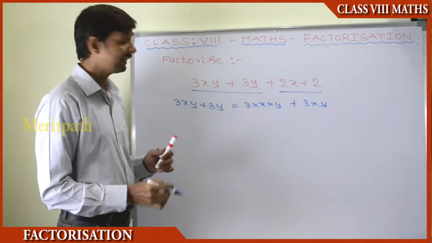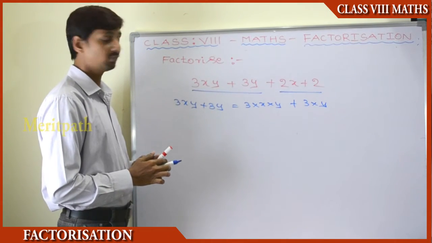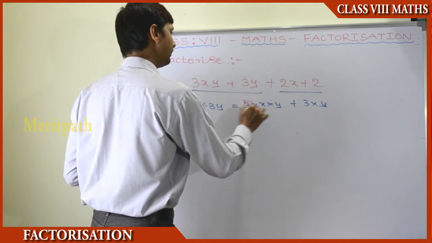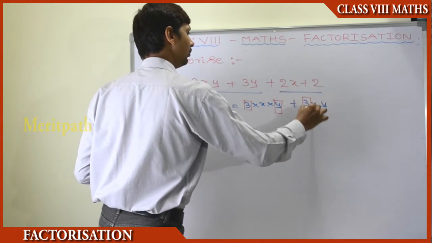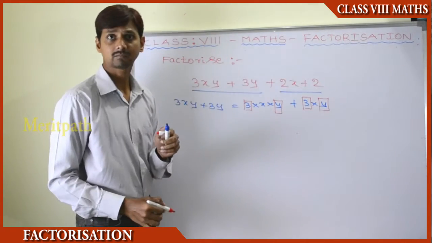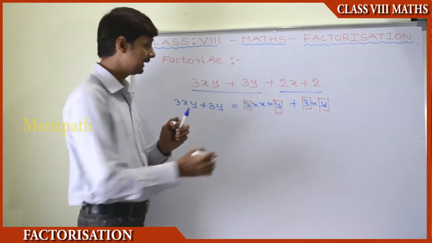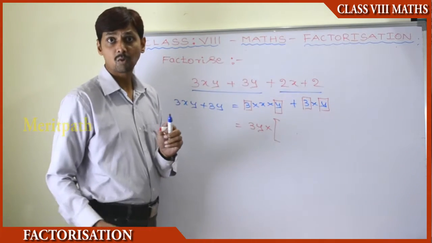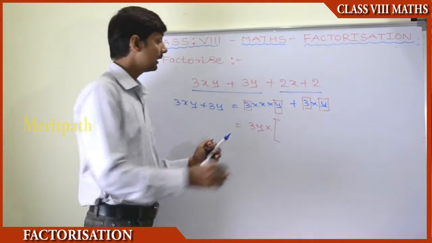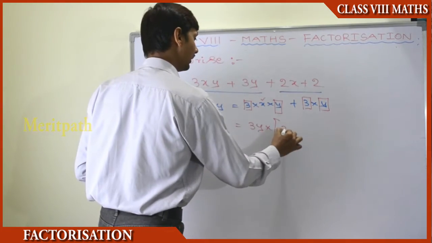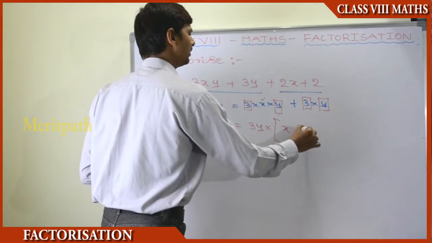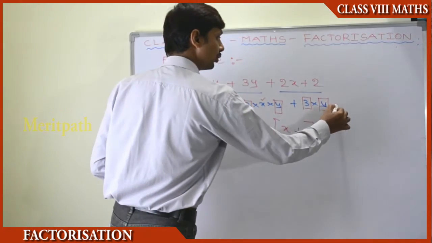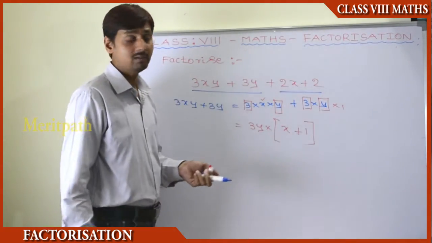So in 3xy plus 3y we can observe that 3 is present and y is present in both terms. When we take 3y in common, using the distributive property, we get x here, and then plus 1, since nothing is left over there. 3y into 1 is nothing but 3y, so that's the reason.